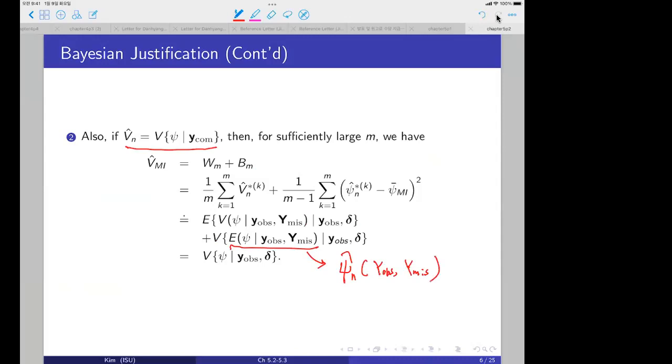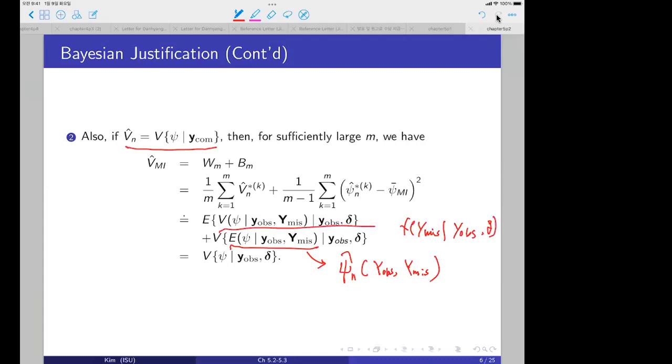Right? The inside expectation is this guy, and then you are basically computing this variance. So computing the conditional variance with respect to the f of y miss given y observed and delta.